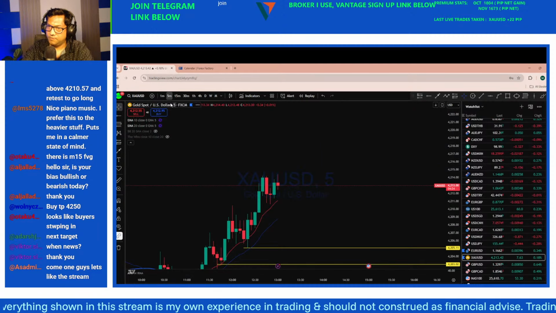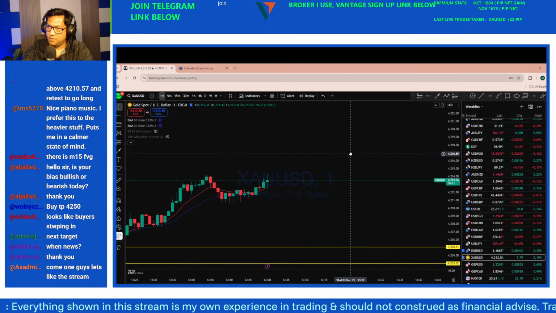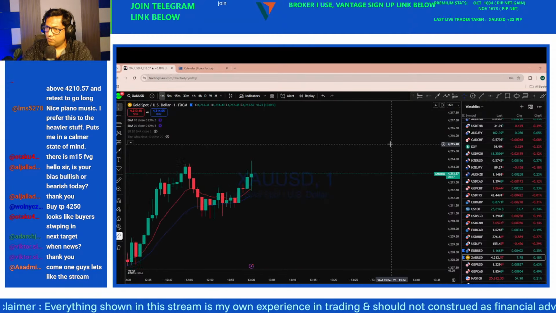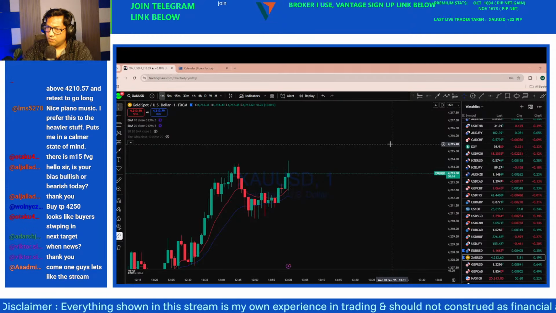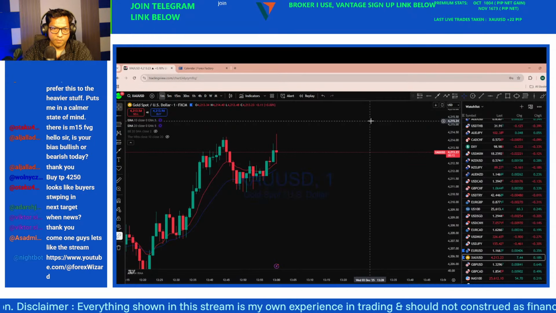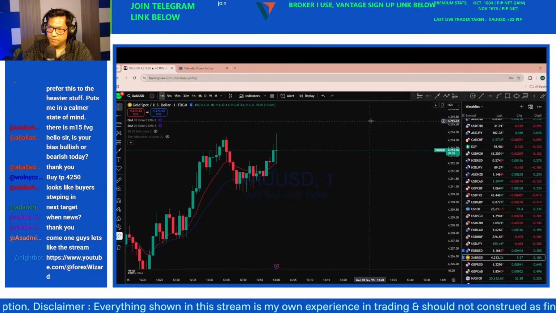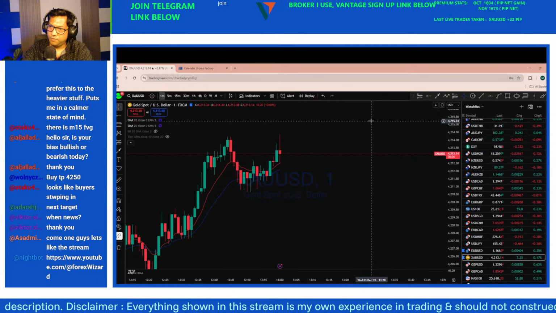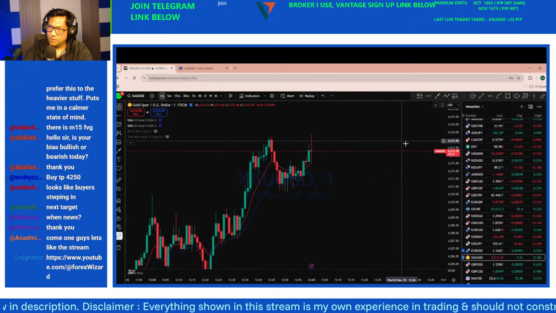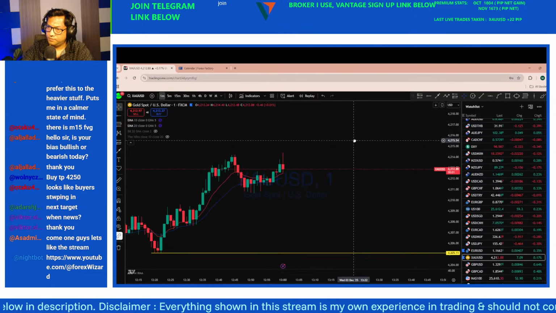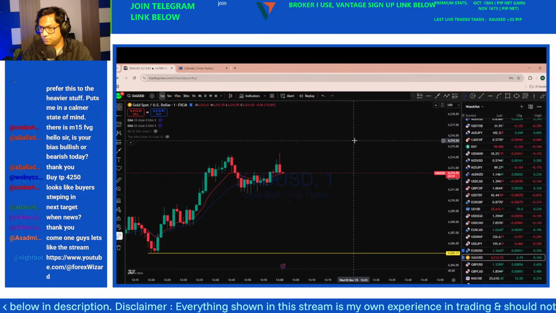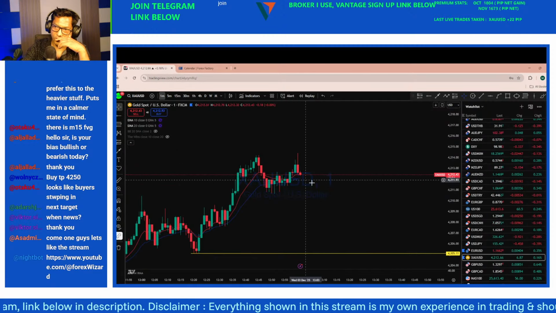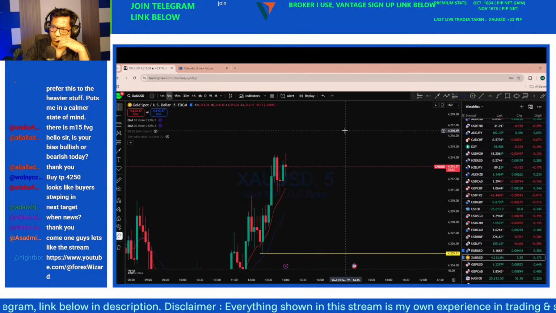And market structure is, now there is a 1 minute bearish engulfer.